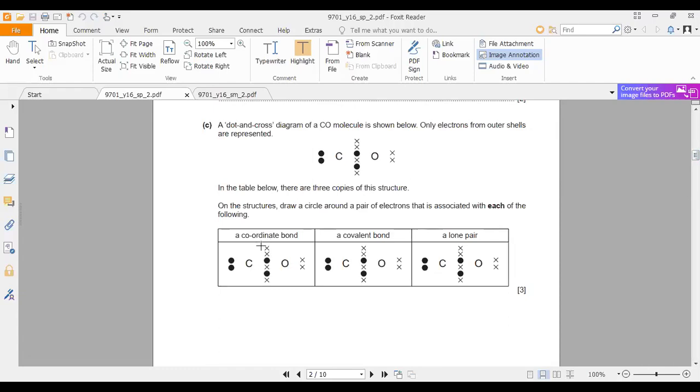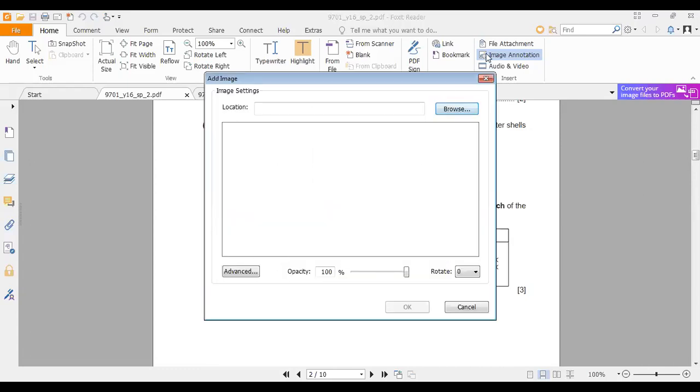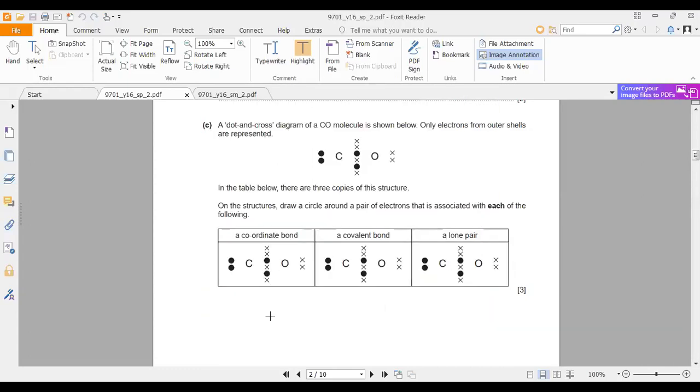There are two electrons shared between carbon and oxygen, but this is coming from oxygen only. This is not coming from carbon at all. So this is a coordinate bond, whereas on the side of carbon or on the side of oxygen, we have two electrons each, two dot electrons here or two cross electrons here. Both these electrons are lone pair electrons.